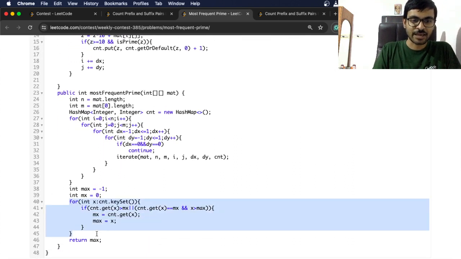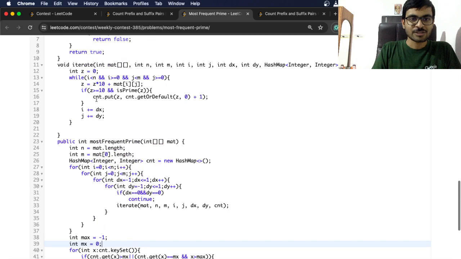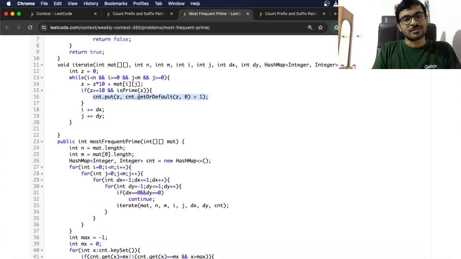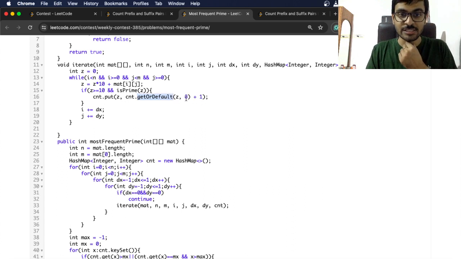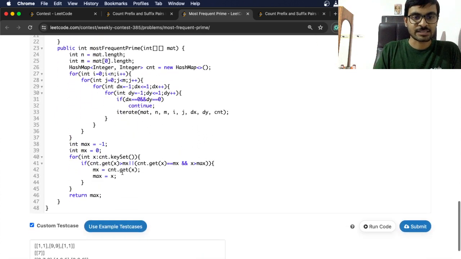Finally, we are storing in this hash map that I've passed from the main function that for any of these numbers which are prime numbers greater than 10, store this count, whatever is the existing count plus 1. And then later on access this count. Get the count from that hash map, that is your maximum.